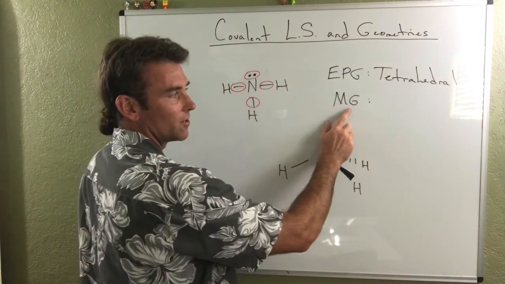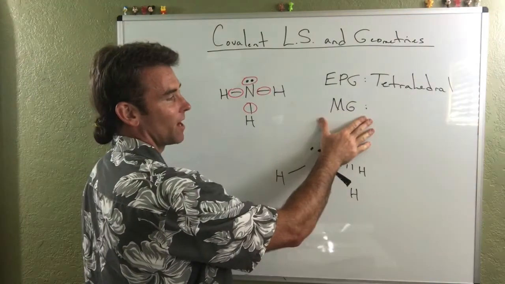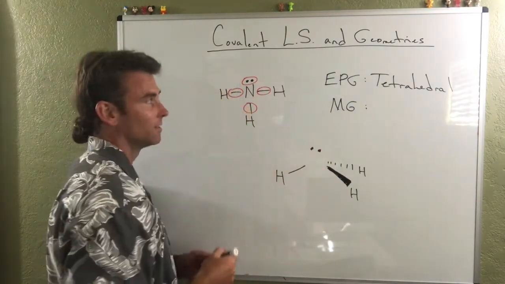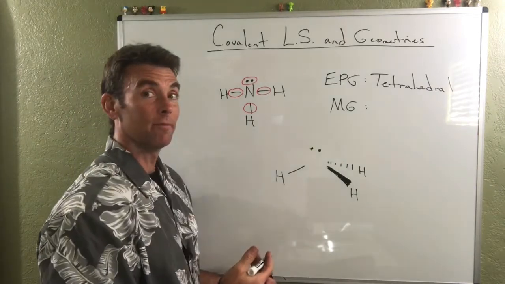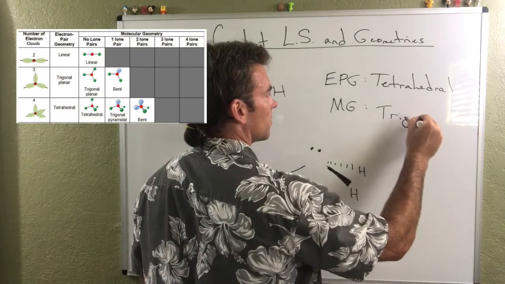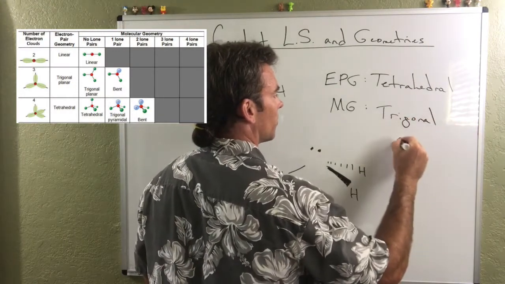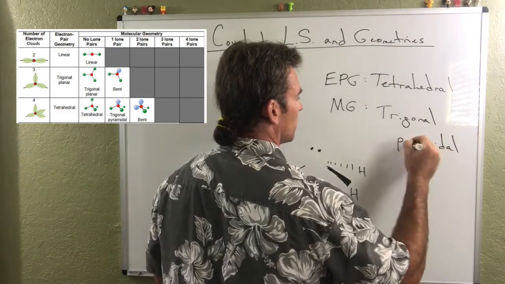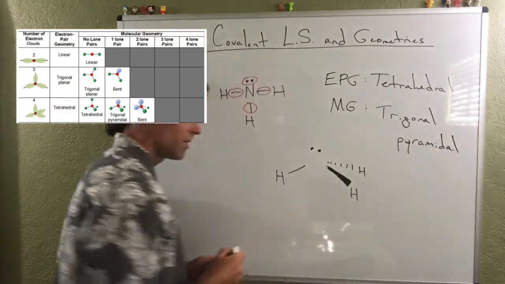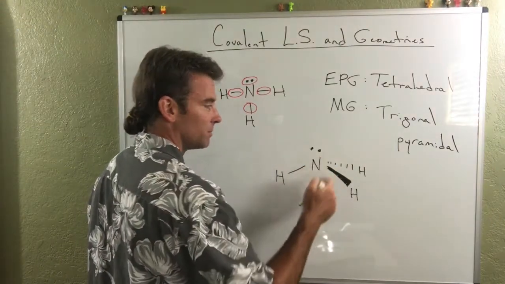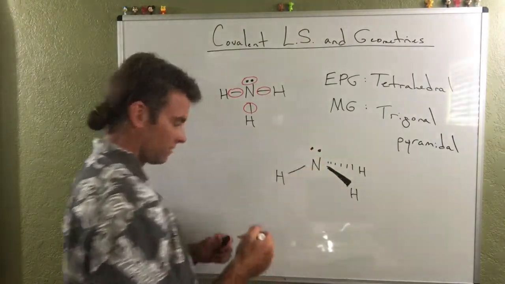For the molecular geometry, though, you'll notice that we've got that one pair of electrons that are a lone pair. So what happens is that this thing is actually a trigonal pyramidal geometry, the one based on 3 actual atoms bonded with one lone pair of electrons.